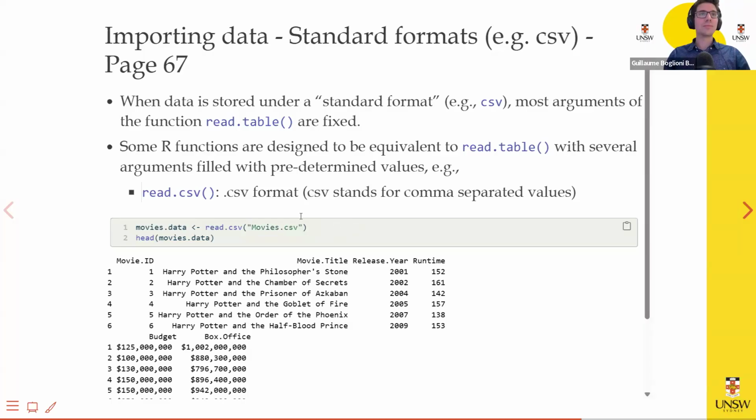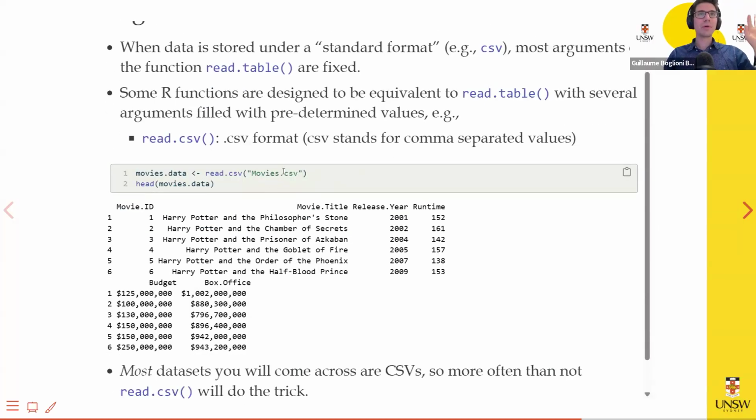So in this case, again, if this file movies.csv is in my working directory, I can just call read.csv with the name of the file, and magically my file is going to be imported in R. Again, this syntax means that I'm creating a data frame with an arbitrary name, here I just chose movies.data, in which I place this data set.